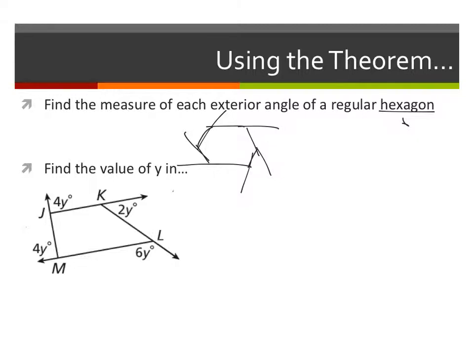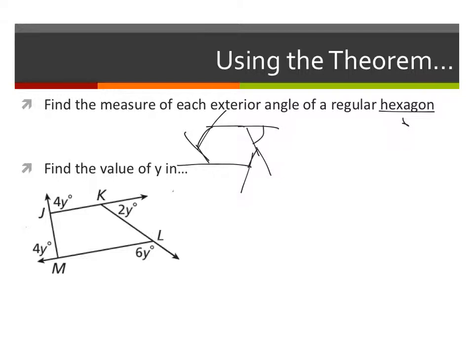I have why. Why? Wait, which one are we talking about? Over here. First one. I have one. Okay. What about the first one? What's the measure of each exterior angle if all the exterior angles have to add up to 360? 360 divided by 6.